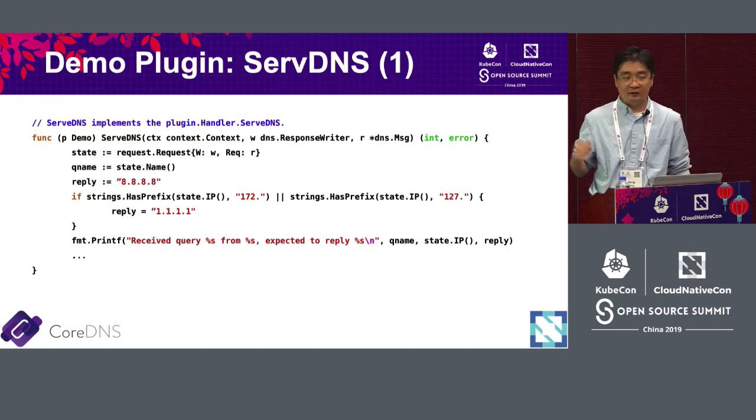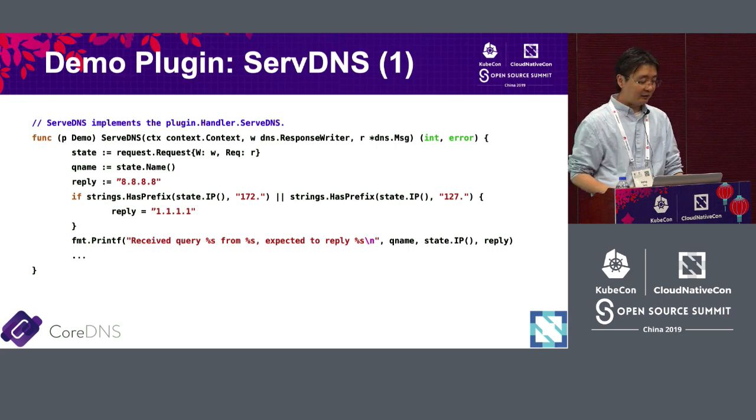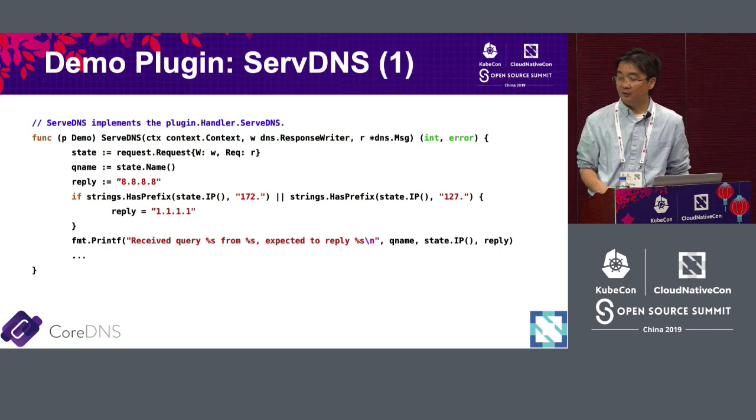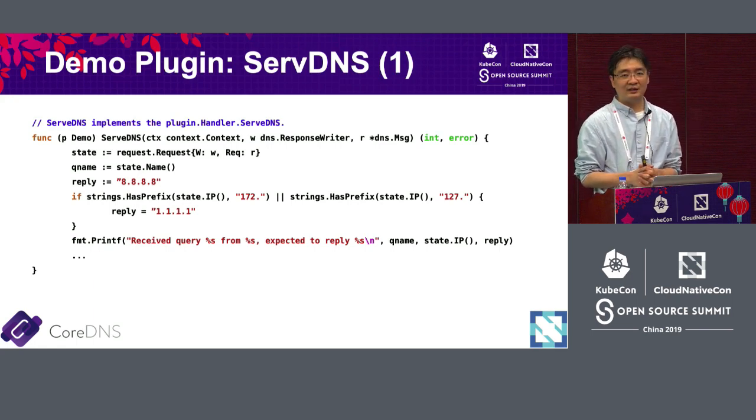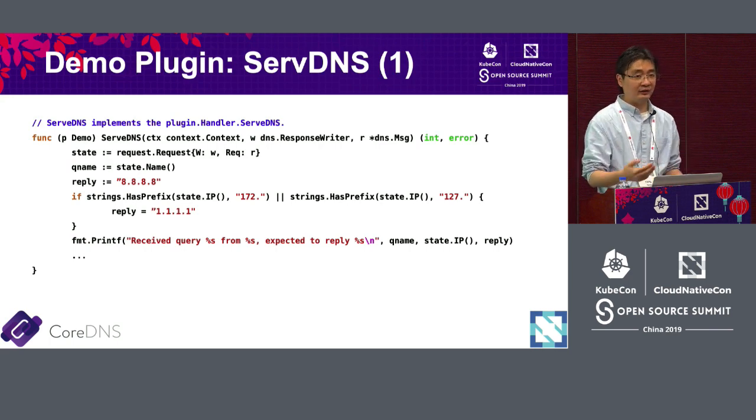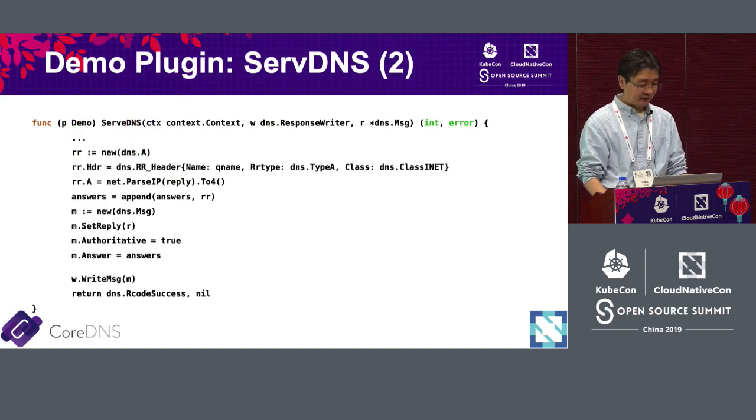Otherwise, we are going to return an IP address of 8.8.8.8. The next line, as you can see, is just a printout. This printout is unnecessary, but for demo purposes, we want to print out something so you can see what's happening, right?